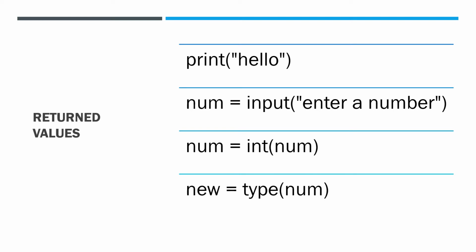And in this example, the new variable is called new. So a function has a very particular structure. The name of the function is followed by brackets. The parameter of the function goes in the brackets, and the new returned value is saved to a new variable.